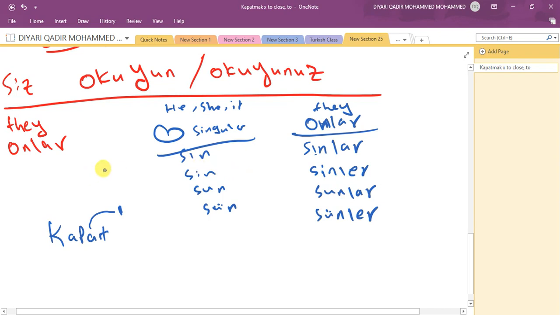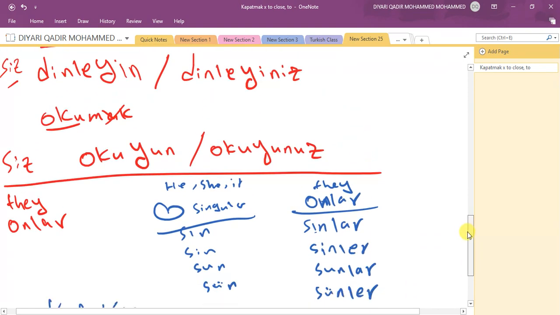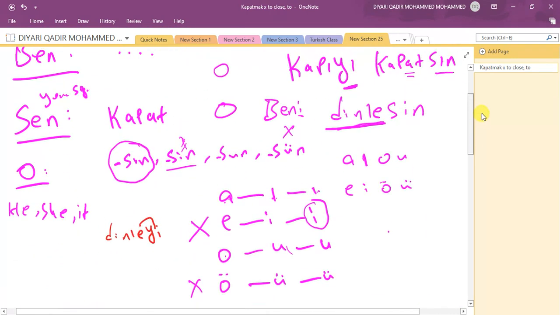This is a matter of memorization. You have to memorize them. Kapatsınlar. Look, kapatsın is exactly the one that we use for o. Kapatsın. Where is it? O kapatsın. Okay. Kapıyı kapatsın.